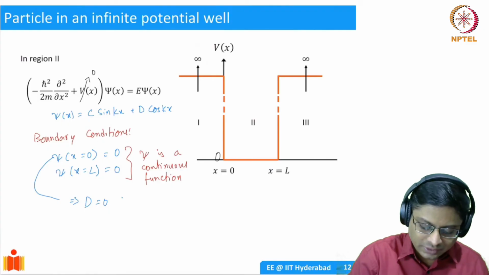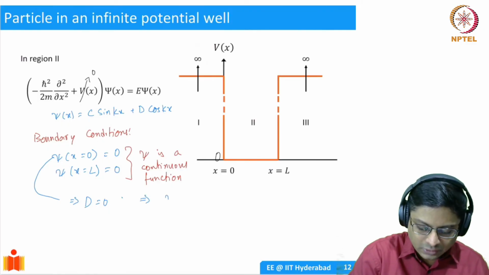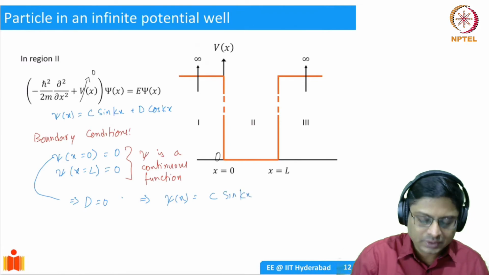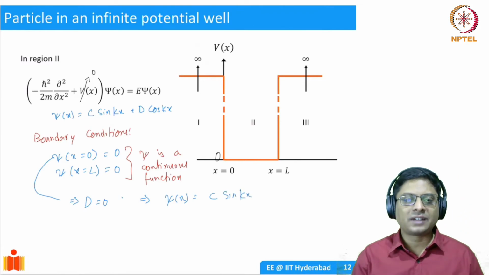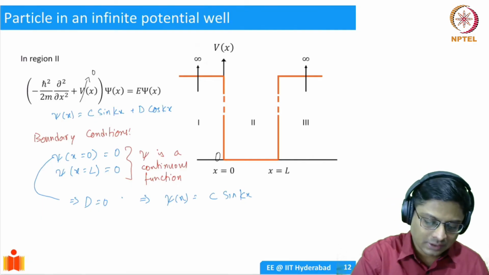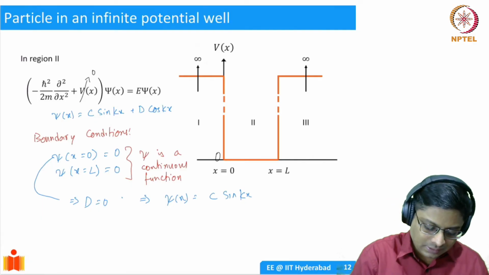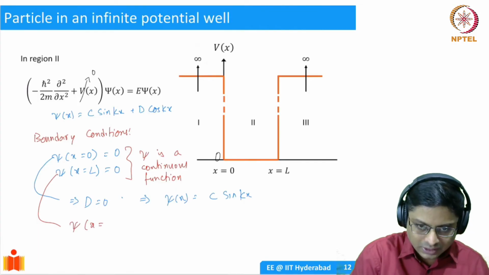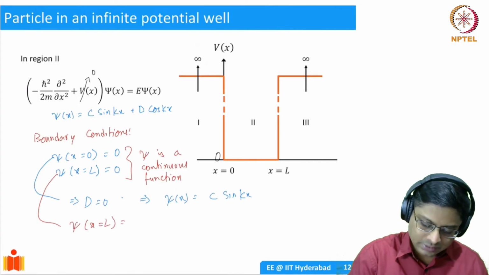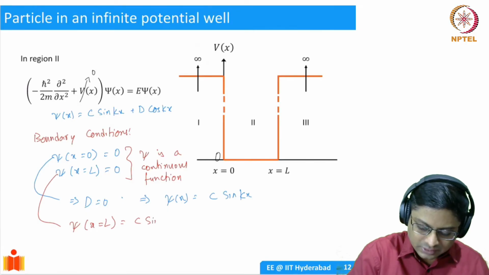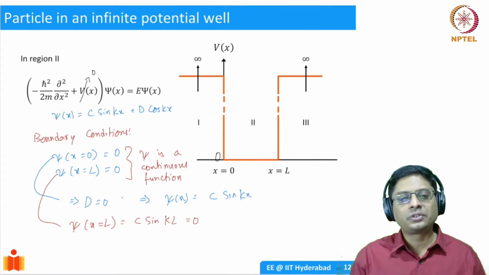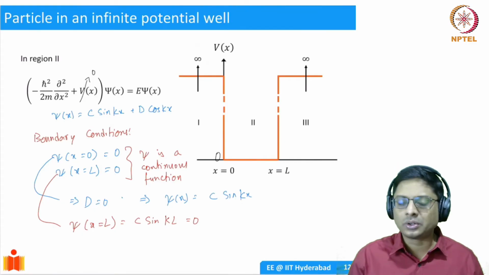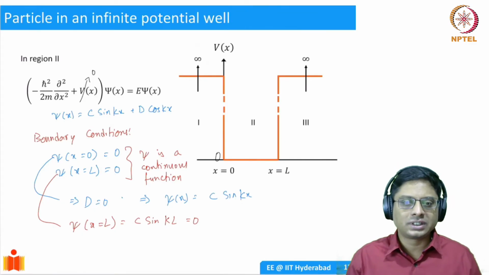So now the wave function simplifies to psi of x equal to c sine kx, right? Now we have the second condition, at x equal to L. So psi at x equal to L, which is simply c sine kL, equal to 0. What kind of relation should it be?